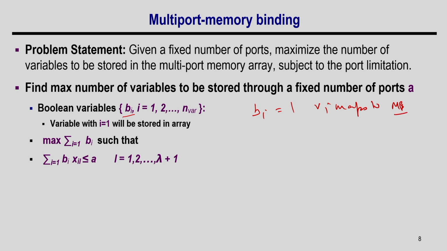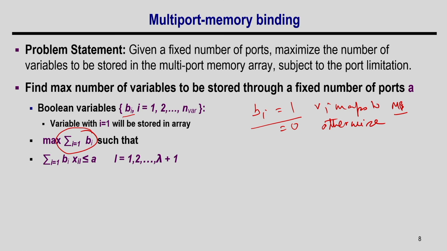And bi equals 0 otherwise. I have to find the maximum number of variables for which bi equals 1. That is my objective; this is the unknown variable. Obviously, I want to maximize the number of variables mapped to this particular memory bank.